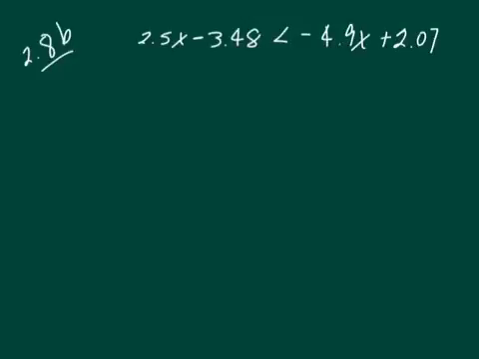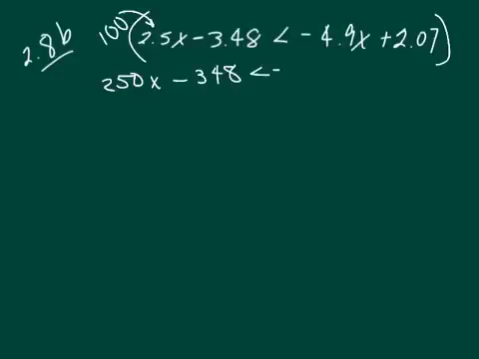So if I multiply this entire thing by 100, that will get rid of all my decimal points. So if I multiply 100 times this, it becomes 250x, and this one becomes 348 is less than negative 490x plus 207. So I got rid of all of my decimal points, and I can go from there.